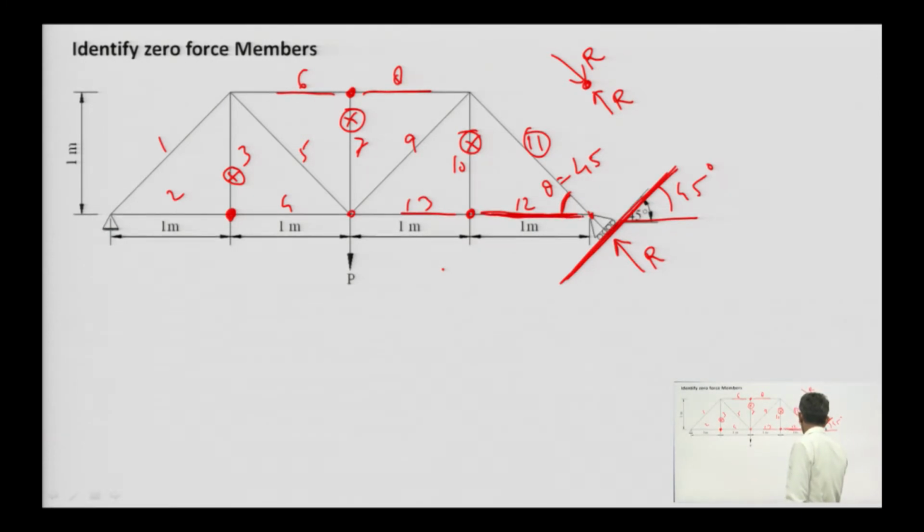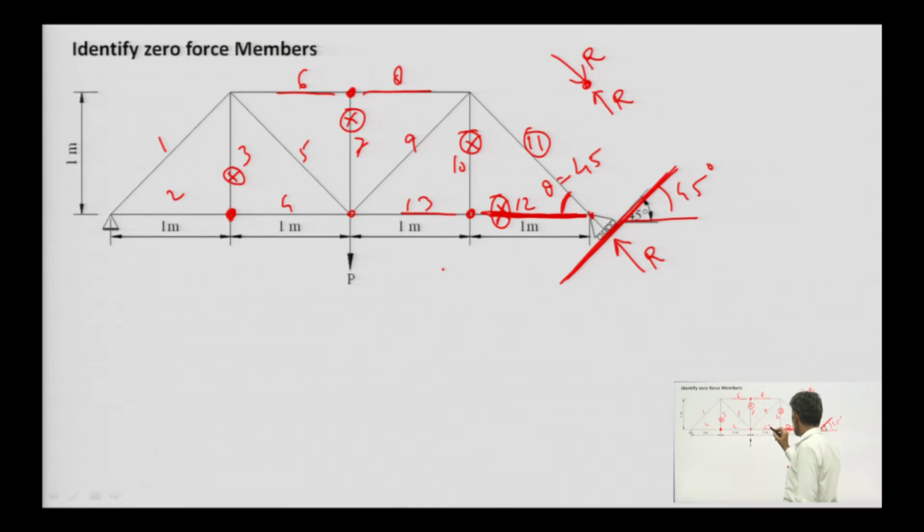Now, member 12 is not going to carry any load. Why? Because both 11 and R are acting as a collinear member. If this member is not going to carry any load, then what about member 13?